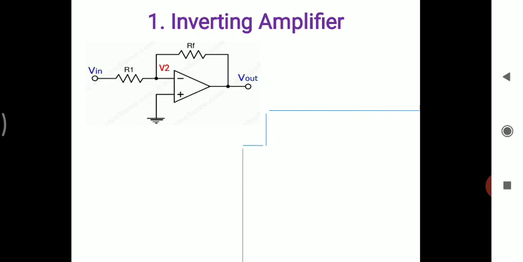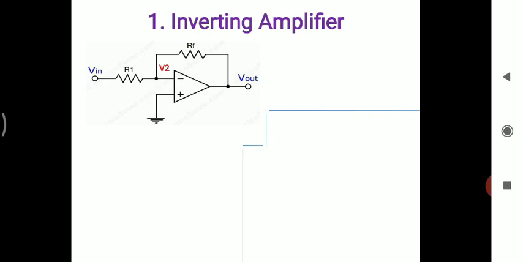This circuit consists of an operational amplifier with two input terminals. One is the negative terminal, also called the inverting terminal of the operational amplifier. The other one is the non-inverting terminal, or else you can say the positive terminal.